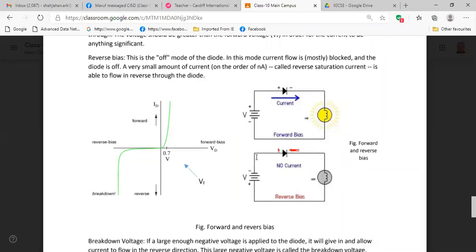Yes, sir. So what I want for you is whatever you learned in class 9, waves, and then in class 9 electricity and magnetism. Then you learned some part of electricity and magnetism here, that is electronics.